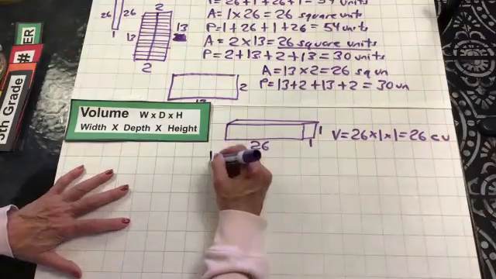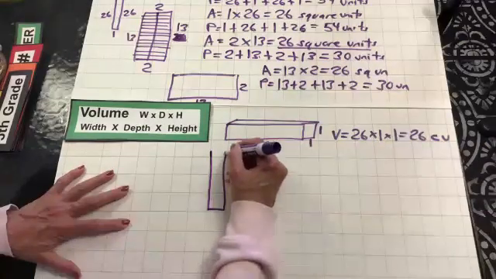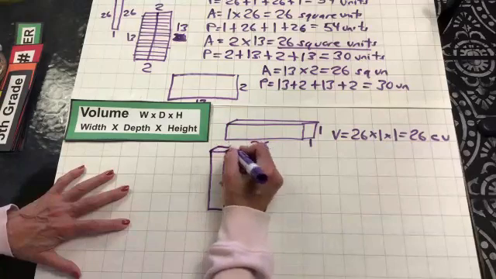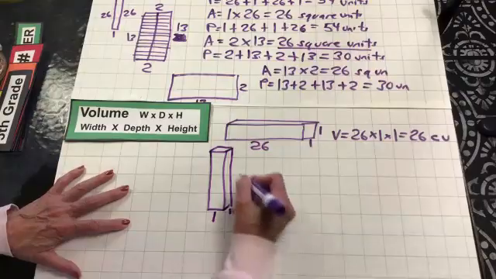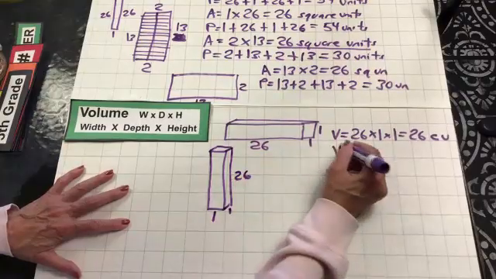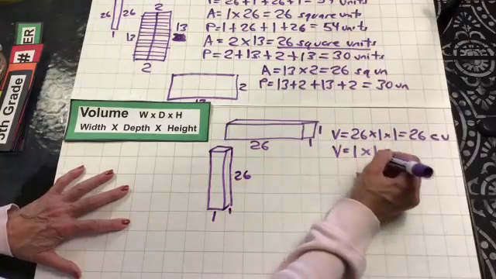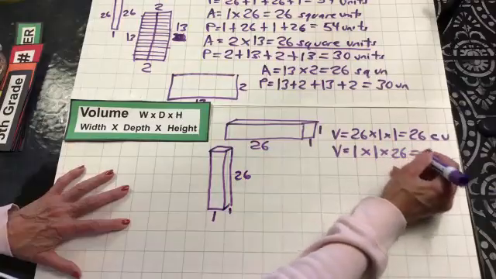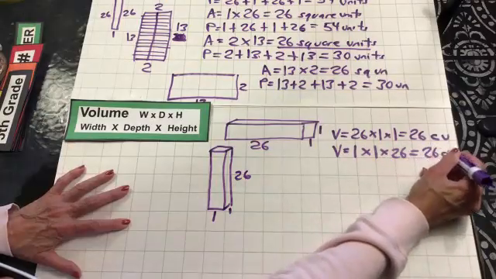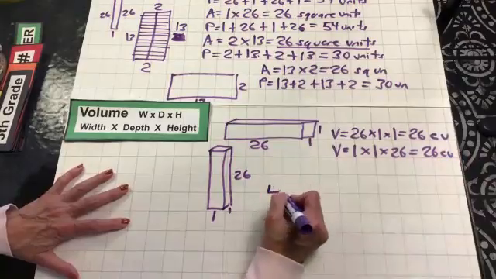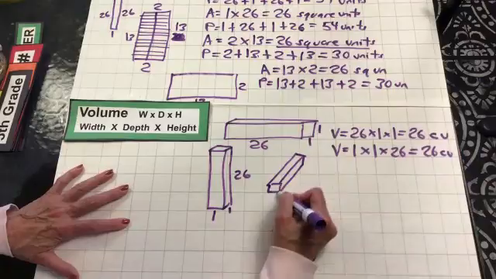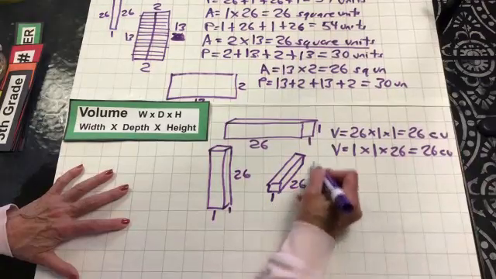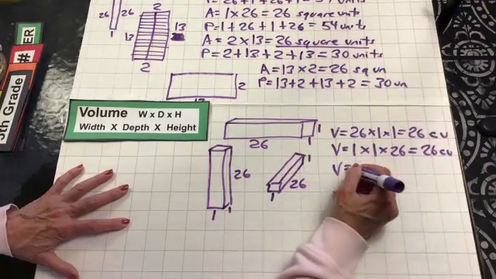All right, we can stand this one up like this and say it's a 1 by 1 by 26. We're just making this many different ways. Then we're going to do this one where we see the front of it, a 1 by 26 by 1 tall.